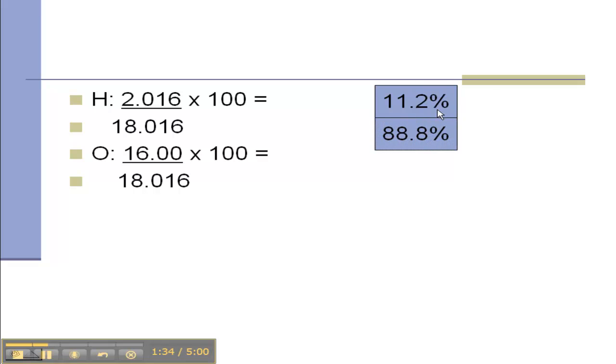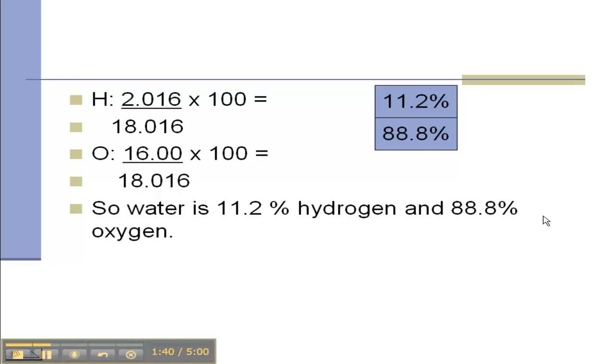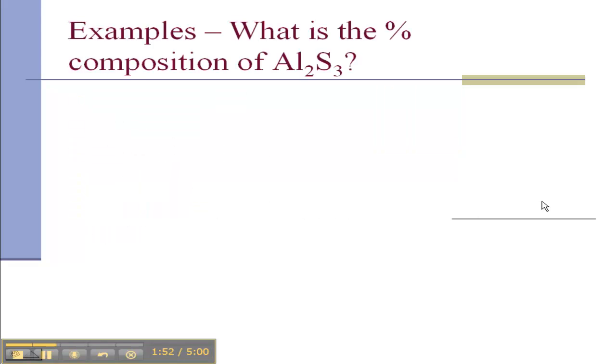Notice that when you add your percents together, they equal 100. It's a great way to double check yourself. So water is 11.2% hydrogen and 88.8% oxygen. You should always round your answer to the nearest tenths place, so 1 decimal place for percent composition.